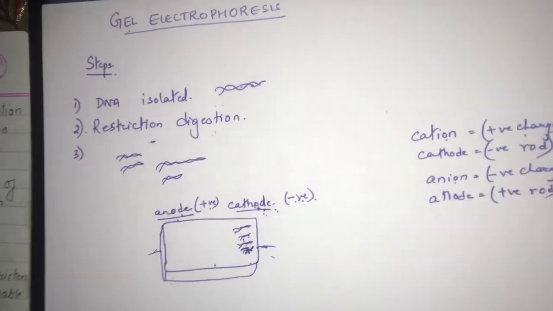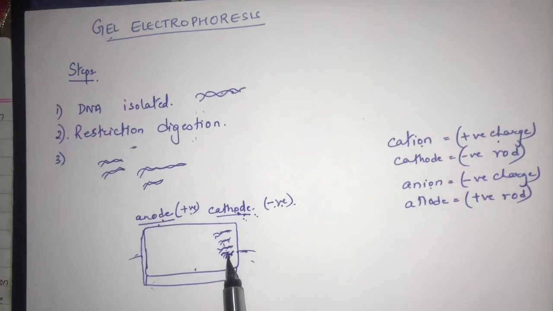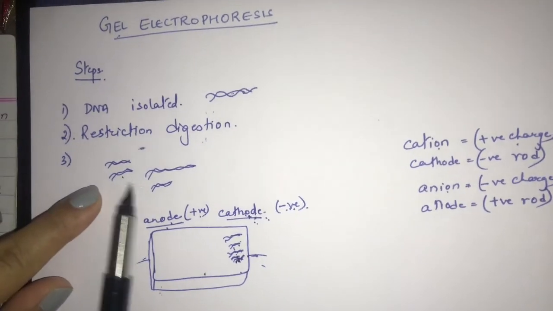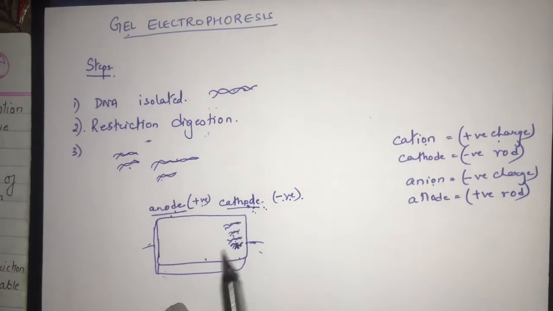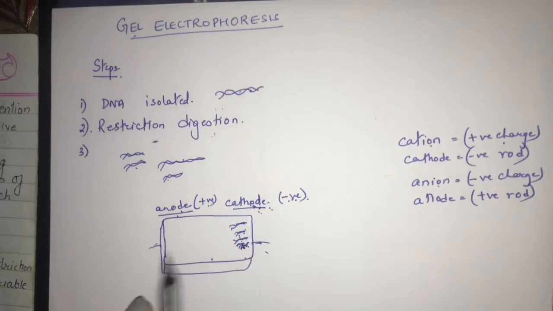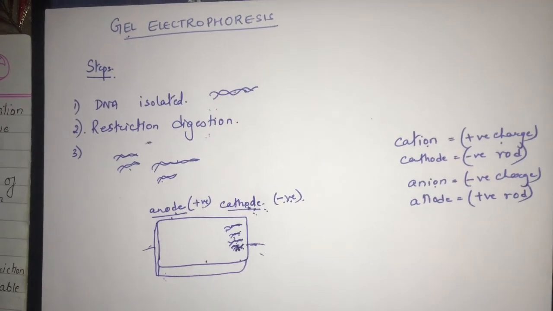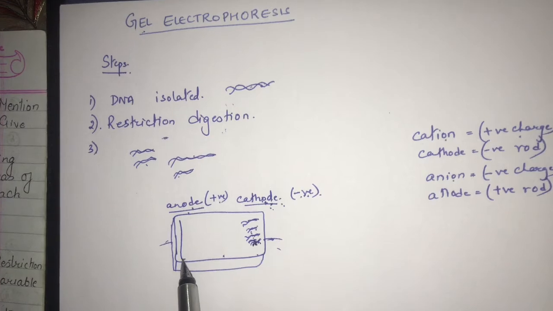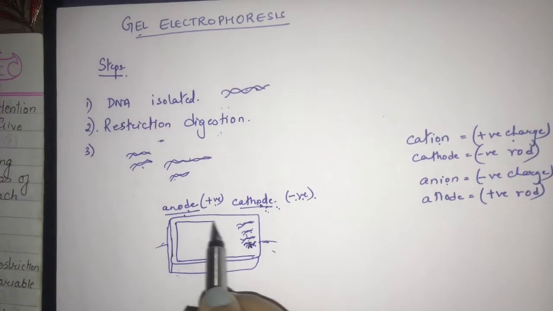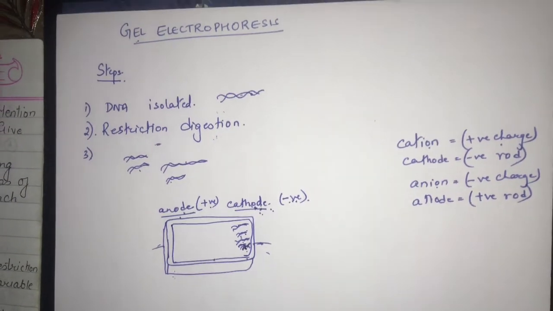Now, one thing to remember: because these are different sized fragments, the smaller sized molecules move faster and travel a longer distance through the gel. A gel-like substance is kept in this well where the DNA molecule is loaded.